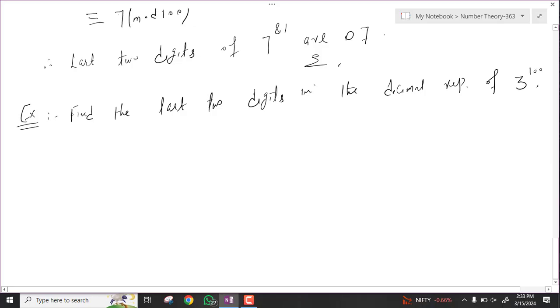Okay, now see here, I will write down its solution. Find the last two digits in the decimal representation of 3 power 100.